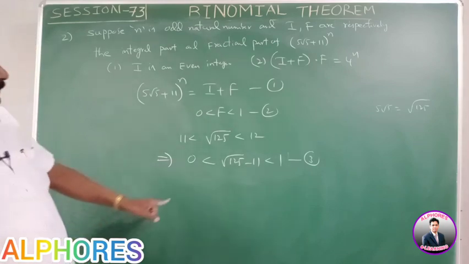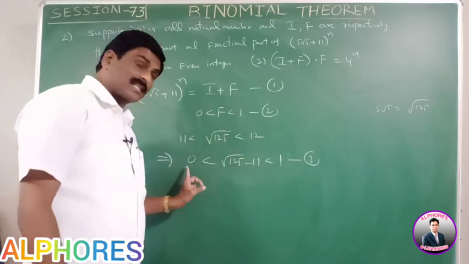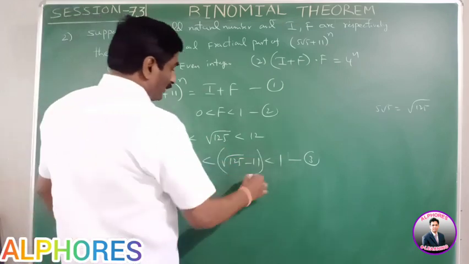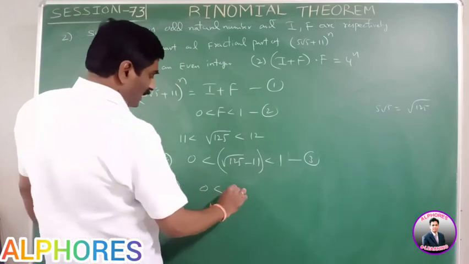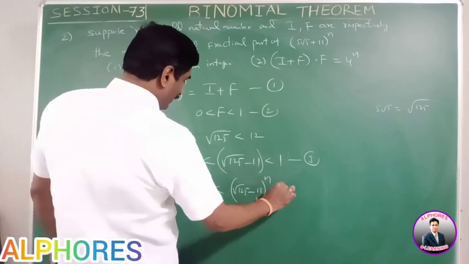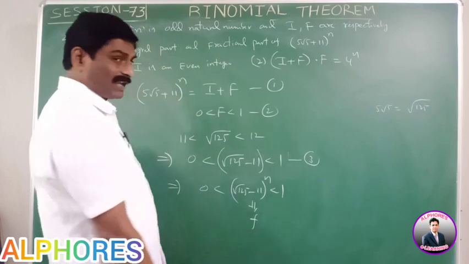Suppose we multiply both sides by minus; the values reverse order, from −1 to 0. At the same time, if we apply the index n, this can be reduced to 0 < (√125 − 11)^n < 1. Say this value is small f.